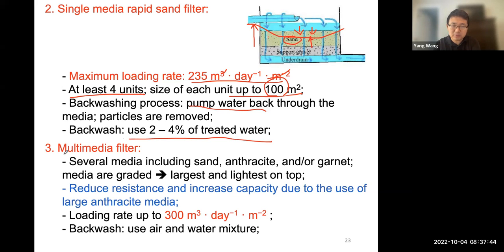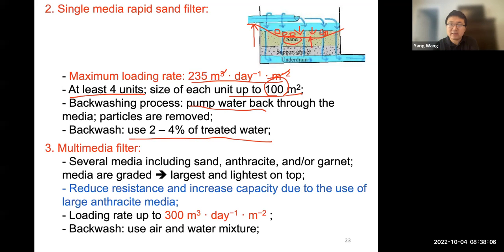There can also be multiple media, or the multimedia sand filter. The consideration is that if you think about the particles getting collected in the sand, basically in the top layer, you're going to have a lot of larger particles, right? Because the larger particles are also heavier.